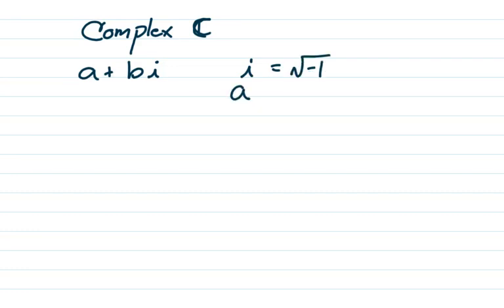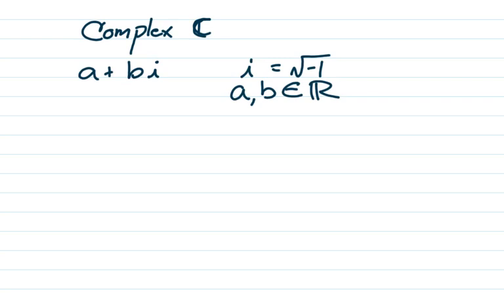And a and b are real numbers. So they're elements of the real numbers. Okay? This little pitchfork E means elements of. So this means a and b are elements of the real numbers, which you can write sometimes as that double-bar R. All it means is they're real numbers, okay?